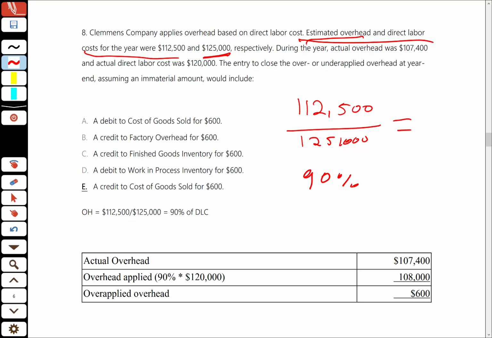Okay, so 90% times what? Times the actual direct labor cost, right? Yes. Times 120 gives me an applied of what? This 108? So the applied is 108.